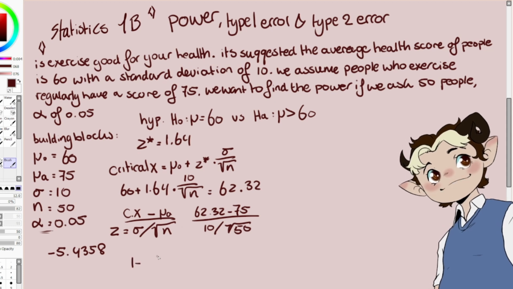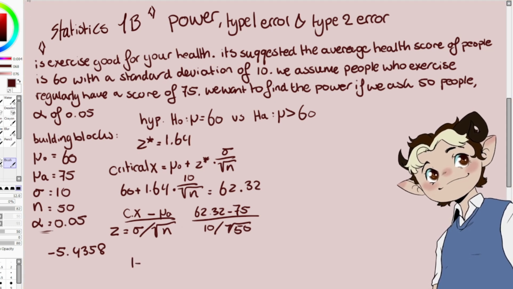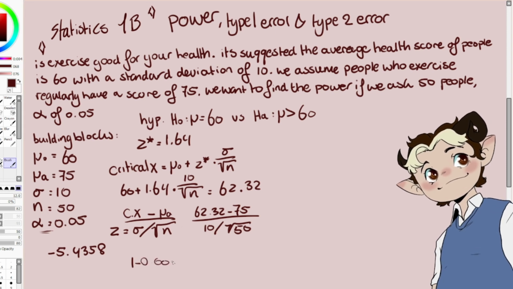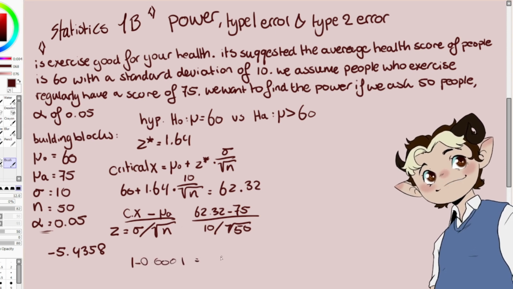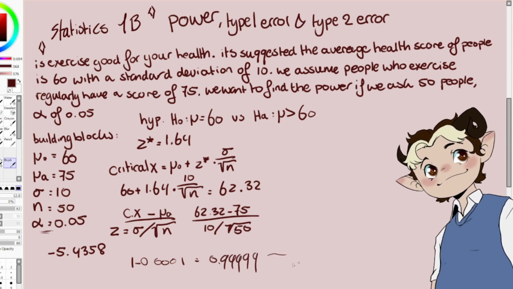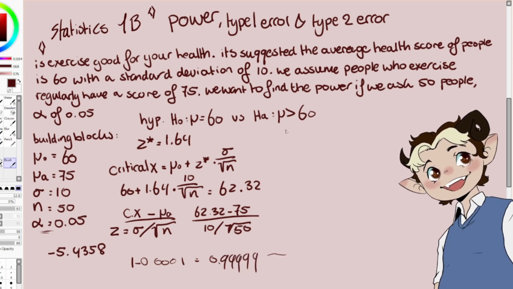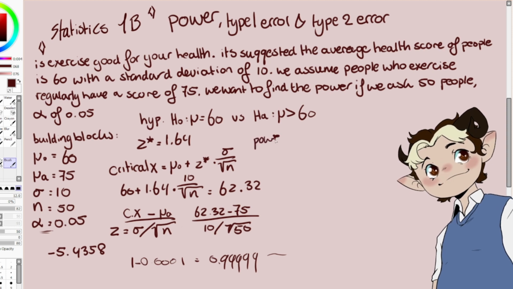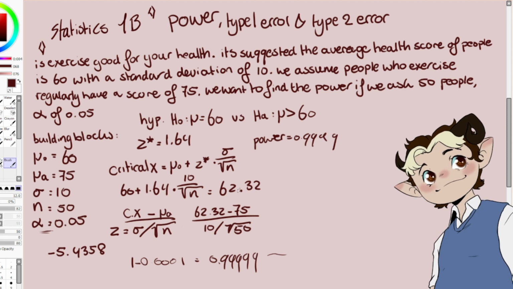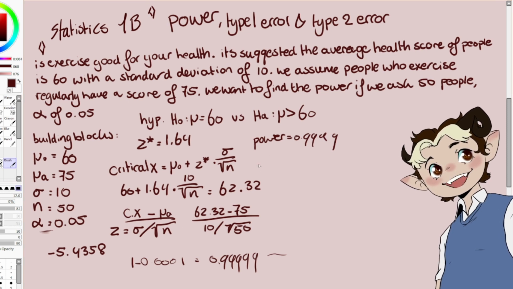So that is 1 minus almost 0, so 0.00, which would be almost 0.99999, whatever. It's very high. So this is our power. Our power is 0.99999.